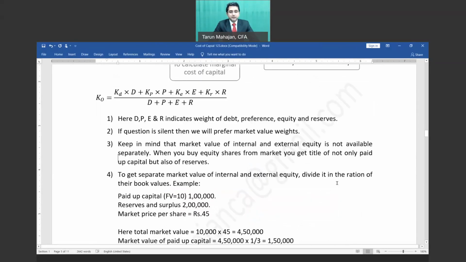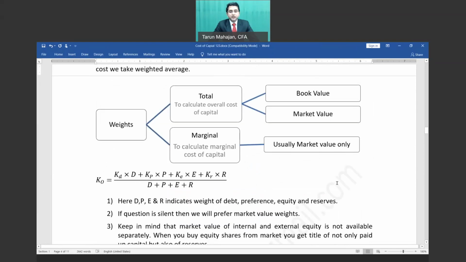Then there is the weighted average cost of capital, or the overall cost of capital. I calculated individual costs, but I cannot say that I have calculated the cost of debt, cost of preference share, cost of equity share, cost of retained earning, cost of bank loan, and cost of GDR, cost of ADR.